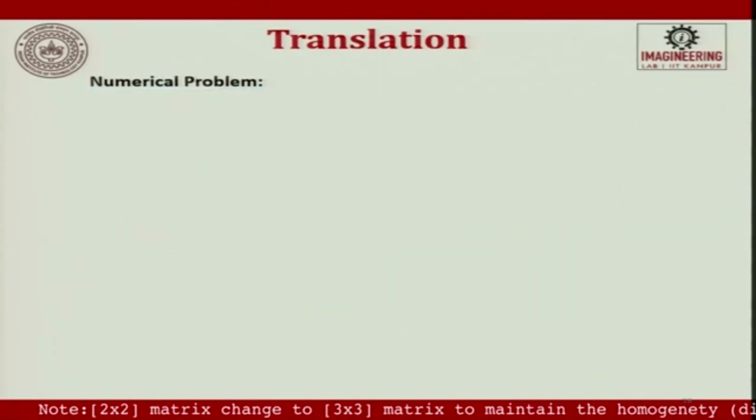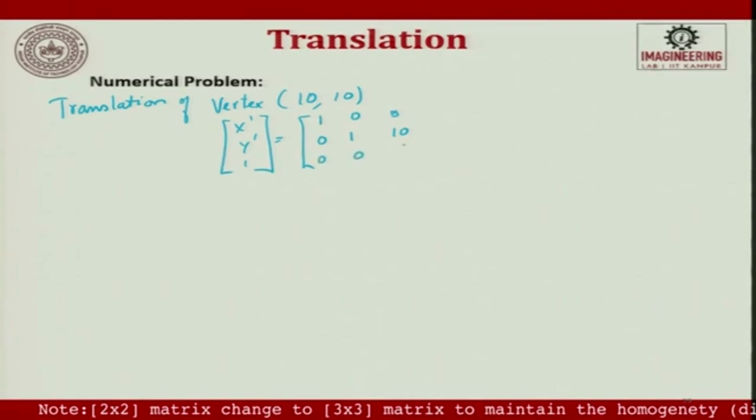Now let us do the next one. Translation of vertex 10 cross 10. Again we repeat. The new point x dash y dash 1 will be equal to the matrix 1 0 5, 0 1 10, 0 0 1, multiplied by 10, 10, 1.